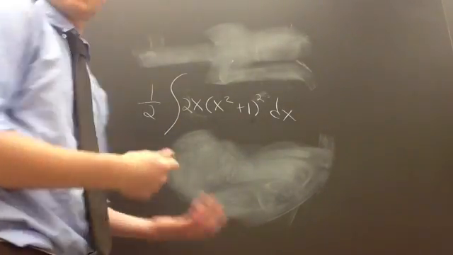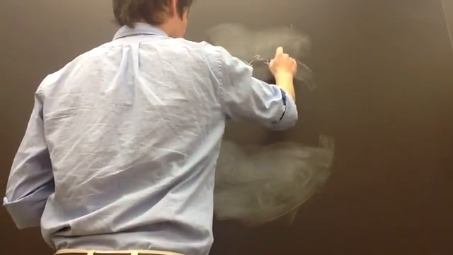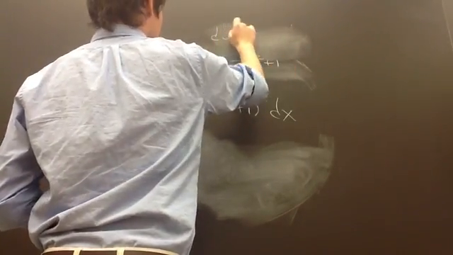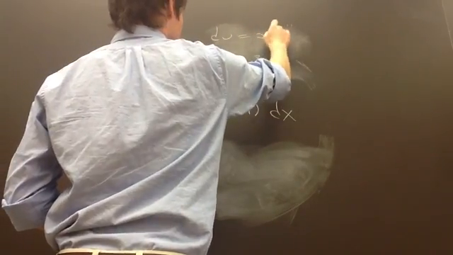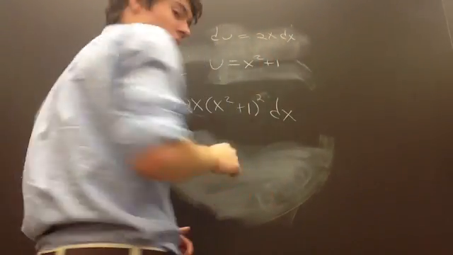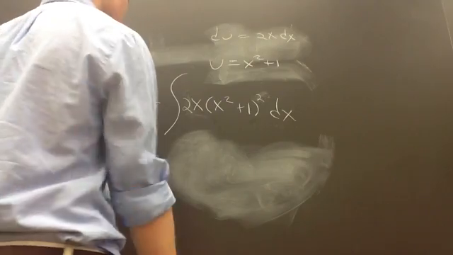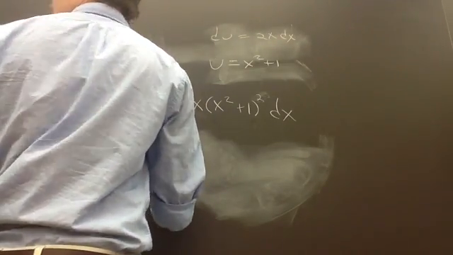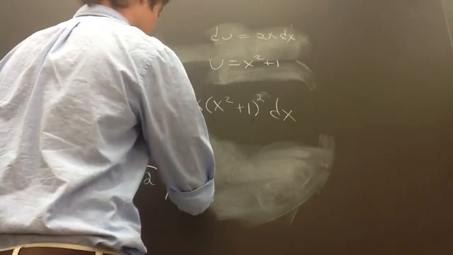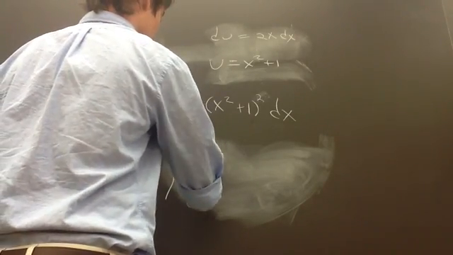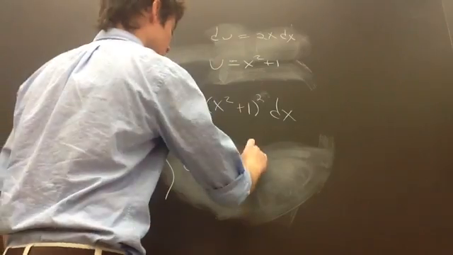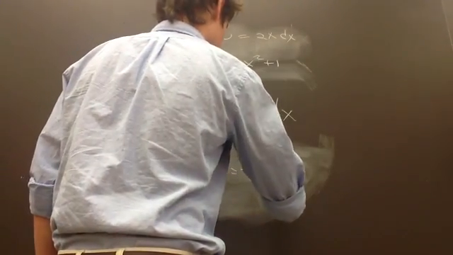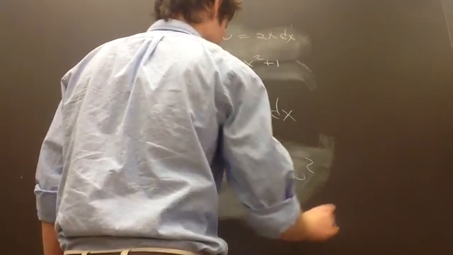Now, we just continue on as we did. u is equal to x squared plus 1. du is equal to 2x dx. Now, we just substitute everything in. 1/2 integral of u squared du is equal to 1/2 times 1/3 u cubed.